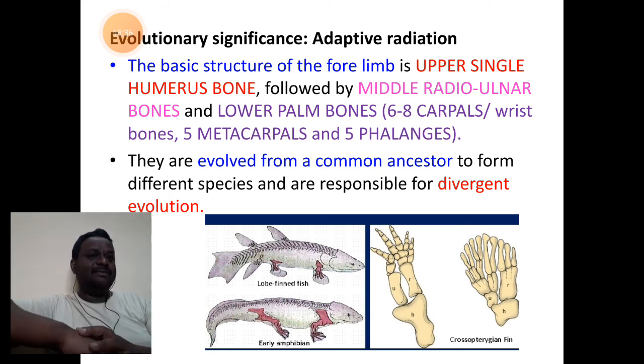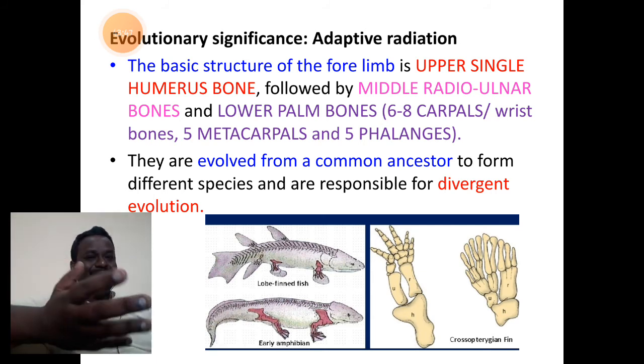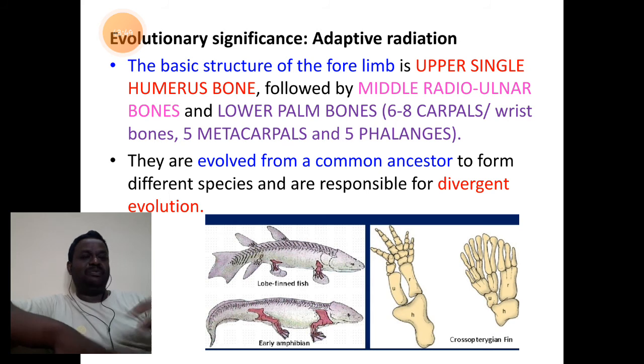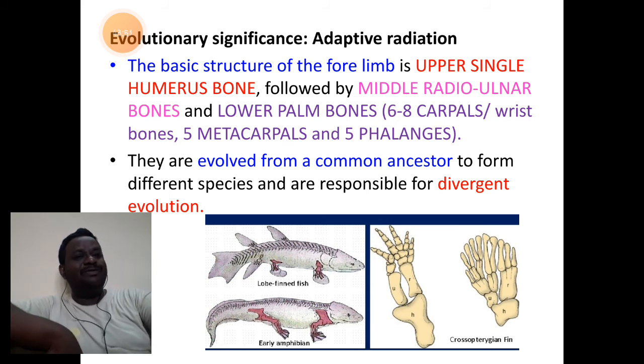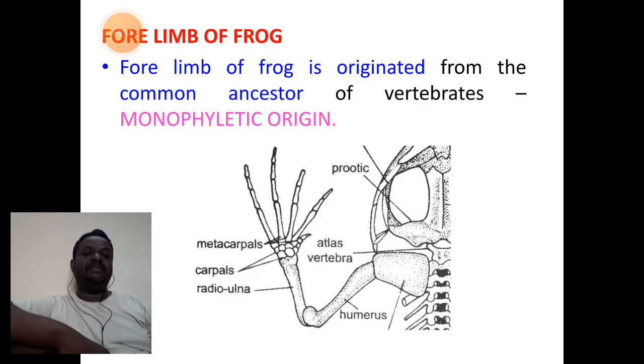But the upper arm and lower arm portion remain the same, indicating that they all evolved from a common ancestor, leading to divergent evolution. So this is the adaptive radiation and the evolutionary significance related to the Piscean class, the aquatic organisms.